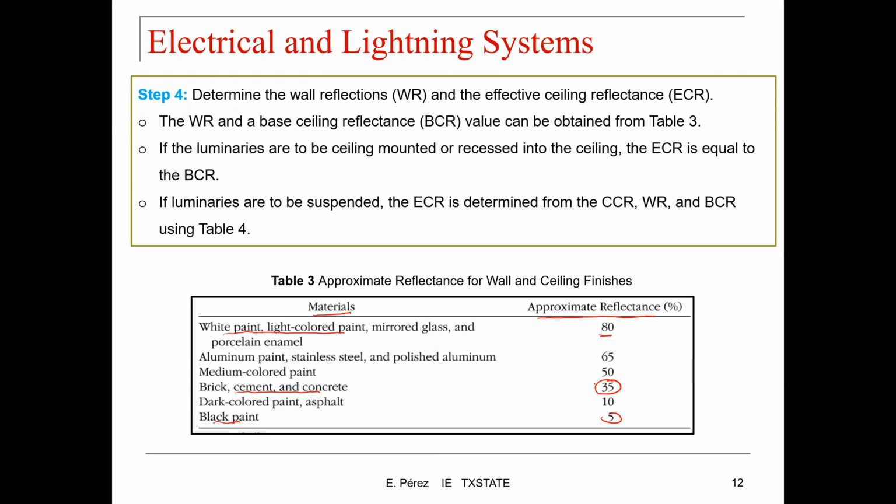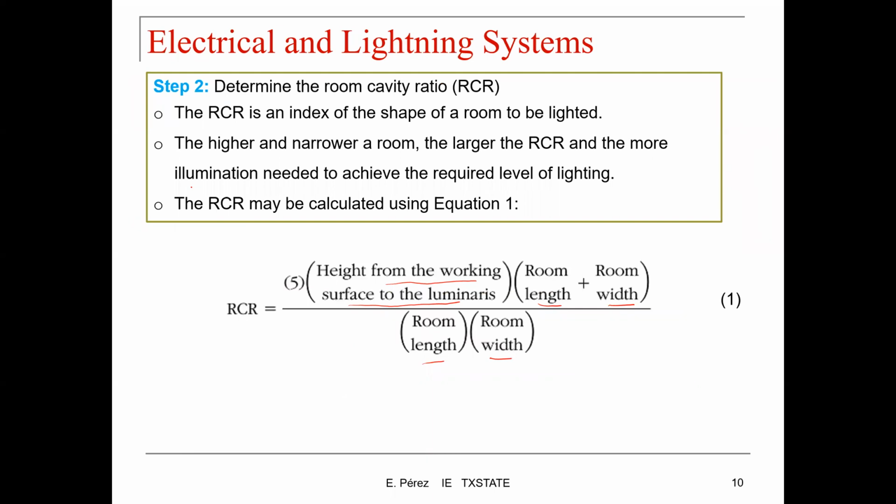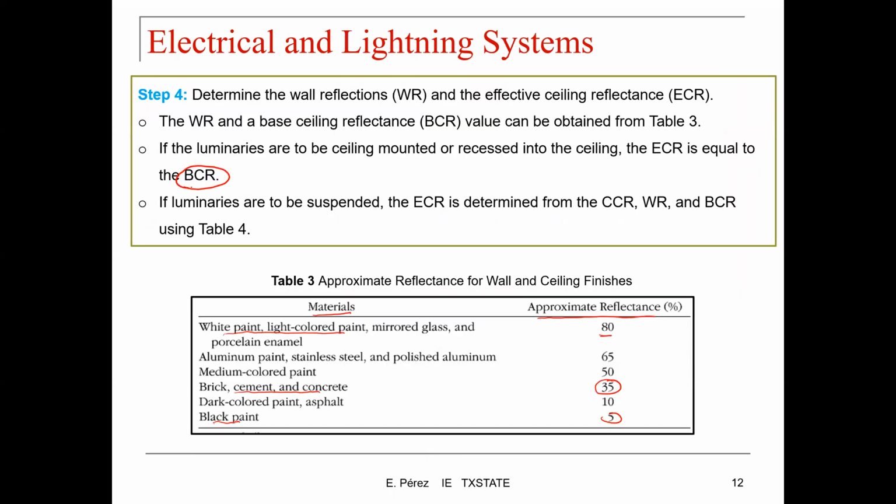If the luminaries are to be ceiling mounted or recessed into the ceiling, the ECR is equal to the BCR. Okay, so BCR, sorry, the base ceiling reflectance. So these two will be the same if the luminaries are to be ceiling mounted. If the luminaries are to be suspended, the ECR is determined from the CCR, WR, and BCR using table 4.